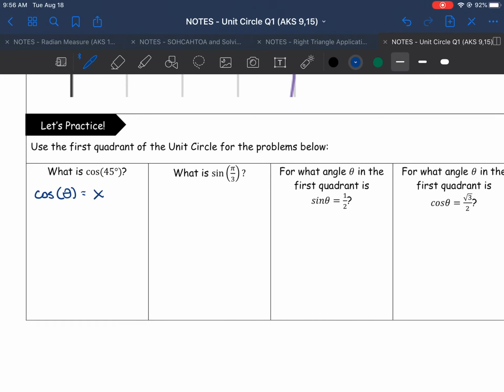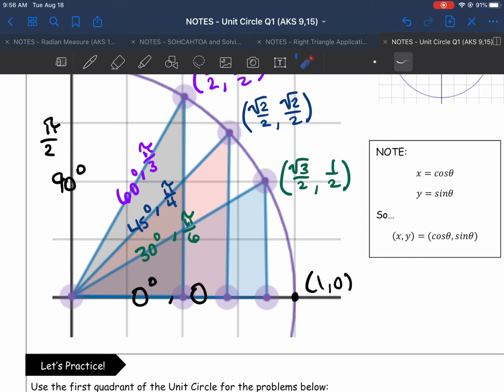So that tells us that the cosine of 45 degrees is equal to square root of 2 over 2. And again, that's right here. We have our 45-degree angle. The x value of this ordered pair on the unit circle at 45 degrees is square root of 2 over 2.